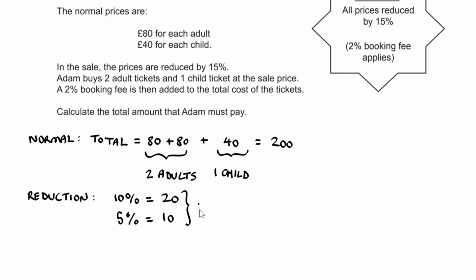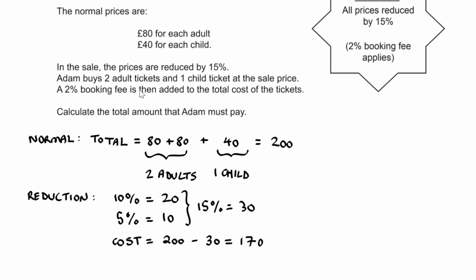And therefore, 15% is equal to 20 plus 10, which is 30. So therefore, with the reduction, the cost is equal to 200 take away 30, which is 170. So it costs £170.